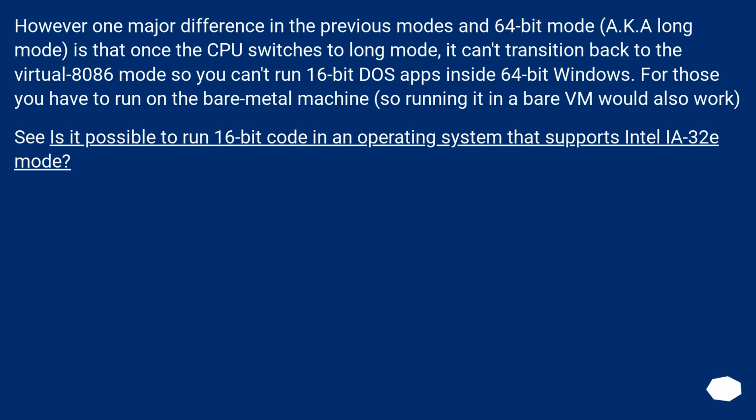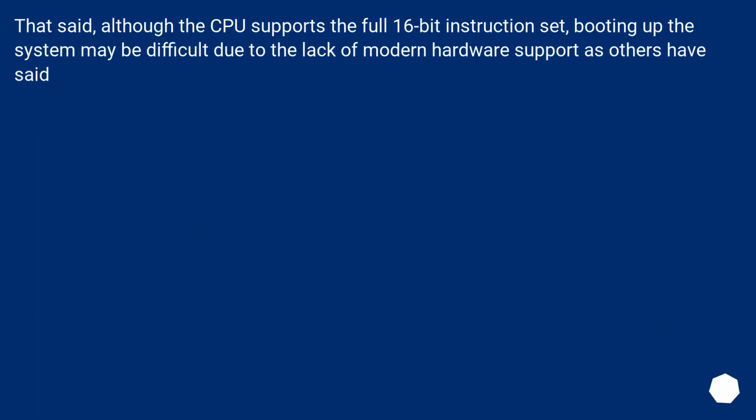Is it possible to run 16-bit code in an operating system that supports Intel IA-32e mode? That said, although the CPU supports a full 16-bit instruction set, booting up the system may be difficult due to the lack of modern hardware support, as others have said.